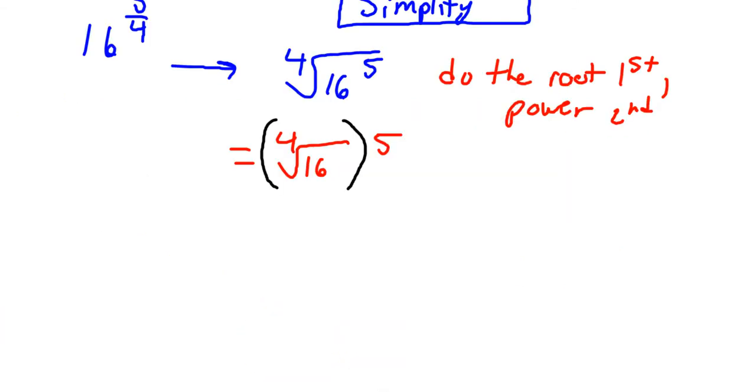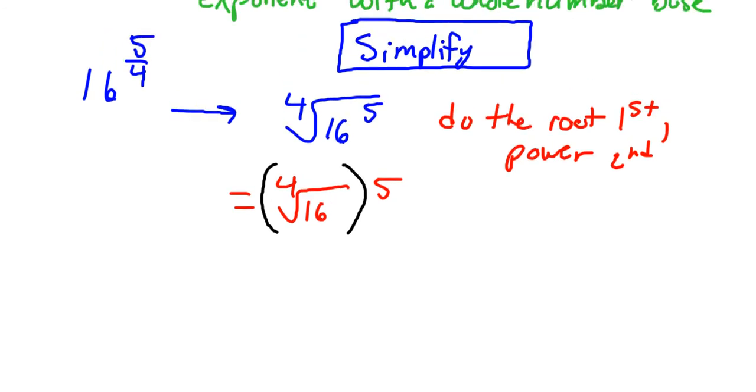Now, you'll get the same answer either way, but let's just pretend for a moment that we didn't have calculators at all that would do a lot of this work for us. If you did the 4th root of 16, well, 16 you can do 4 times 4 or 8 times 2. But 16 would be 2 times 2 times 2 times 2, which would be 2 to the 4th power.